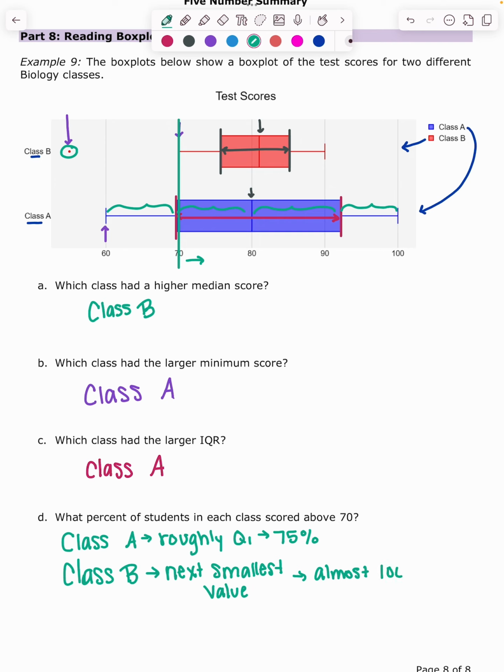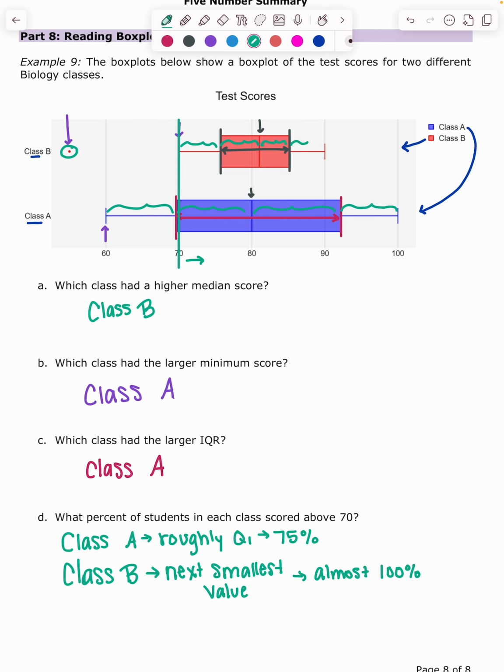We cannot say for certain what percent it is because we don't know how many students scored a 55 or 57, whatever that is. But we do know that it's almost all of the chunks.